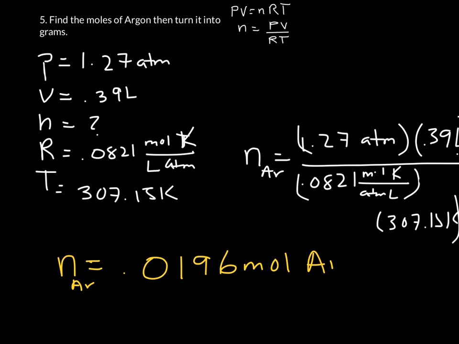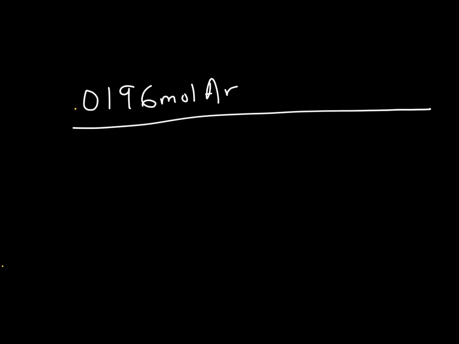So now that we've found the moles of argon, we're going to convert it into grams. So we're going to take 0.0196 moles of argon and multiply it by its molar mass, which is 39.95 grams per mole.